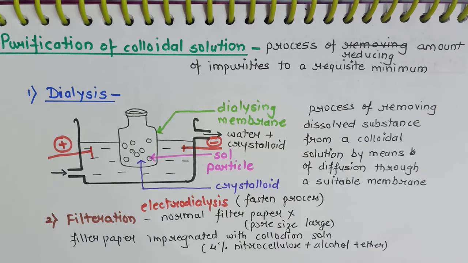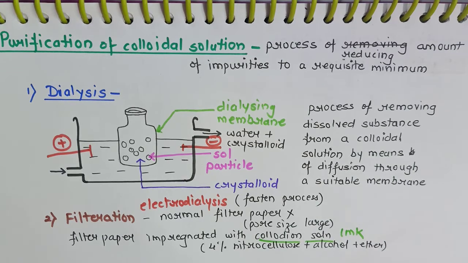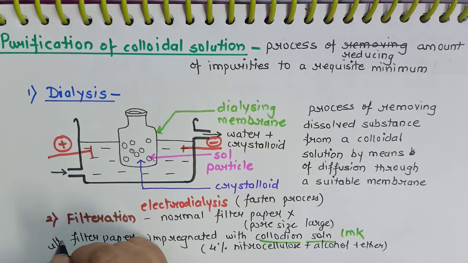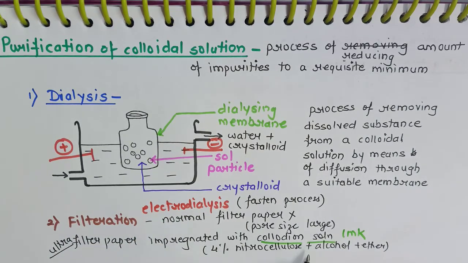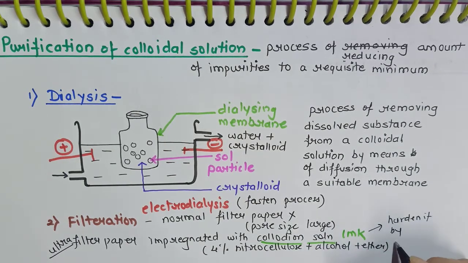Now the components of this colloidal mixture are asked for 1 mark. Once the filter paper, which we'll call ultra filter paper, is ready by impregnating it with colloidal solution, then we harden it by using formaldehyde.